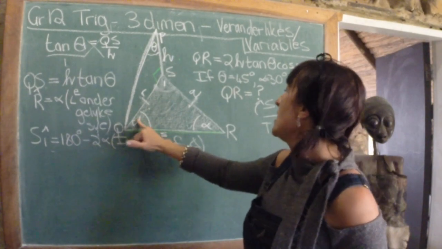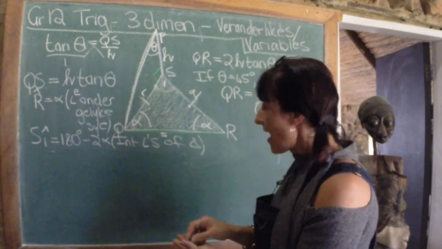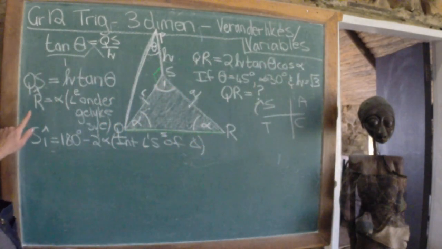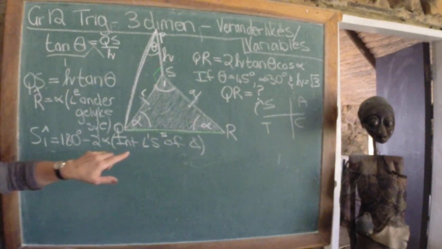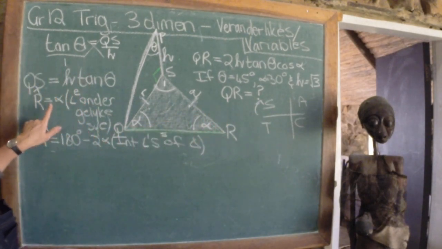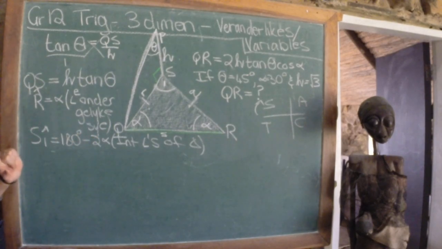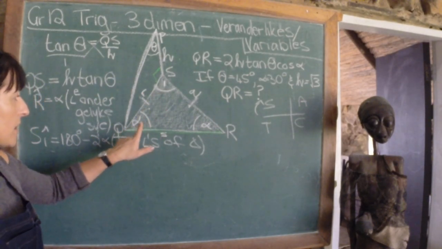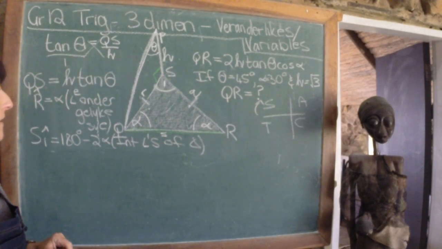Ek het vir QR nodig. So ek het 2 hoeke. I can determine the other angle, S1. Okay? I can say first, en onthou ek moet dit sê, dat hoek R is gelyk aan alpha, dis nie vir my gegee nie, want dis hoeke onder gelyke sye. Dan kan ek verder sê, S1 is 180 grade minus alpha, want dit is binne hoeke van 'n driehoek.